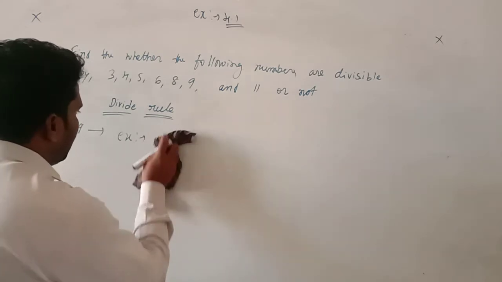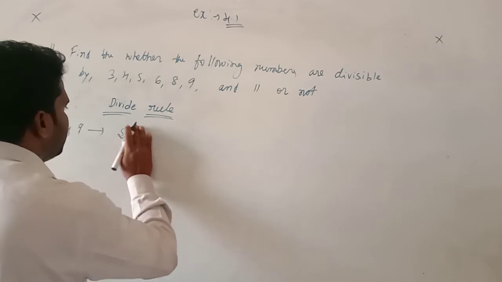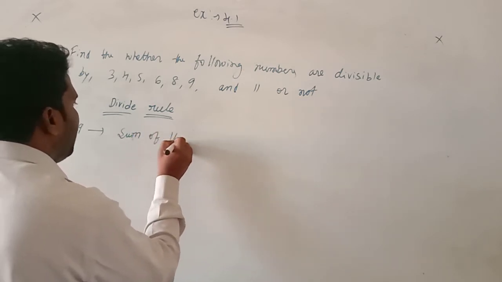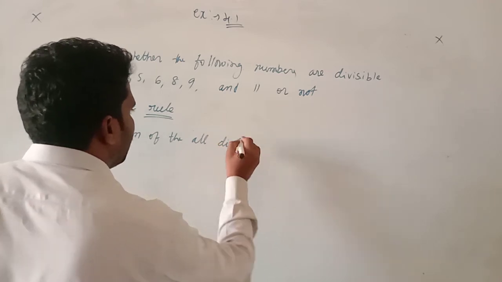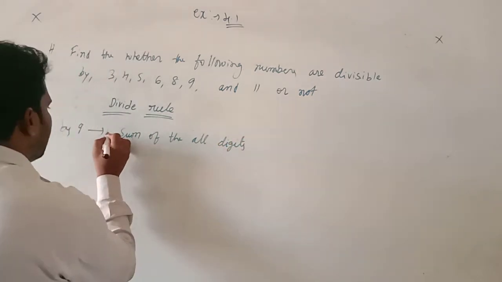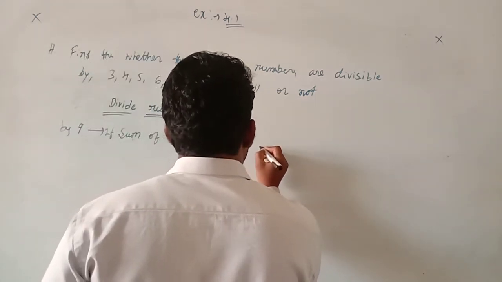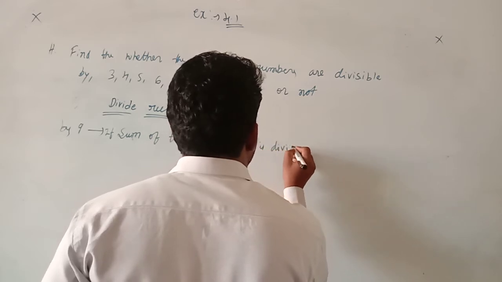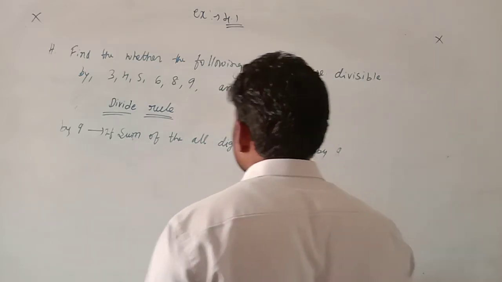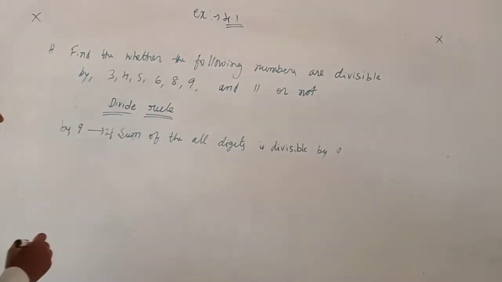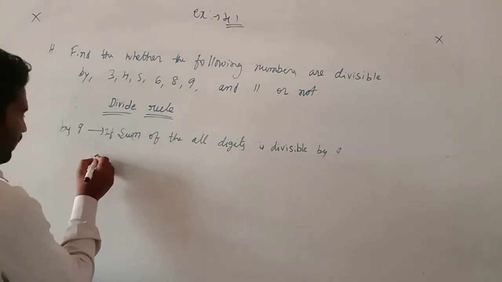Okay, the sum of all the digits should be divisible by 9, then the number is divisible by 9. For example, so I am not writing the complete definition for it.